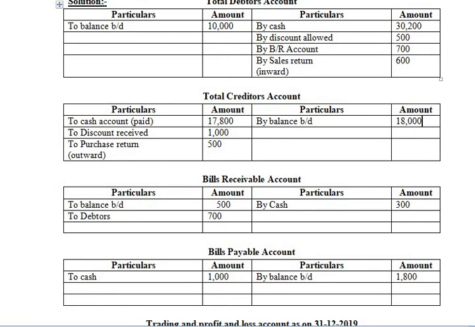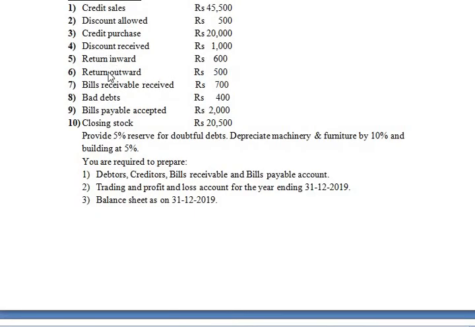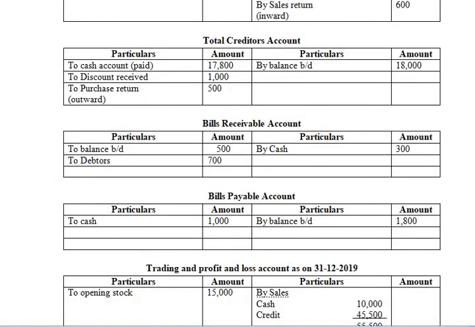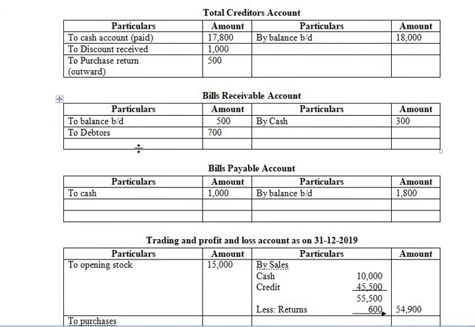Alright, next. After return inward and outward, next you have bills receivable received, that is 700. Now what will be the entry for bills receivable received? The journal entry will be bills receivable account debit to debtors account, which we have already passed here.